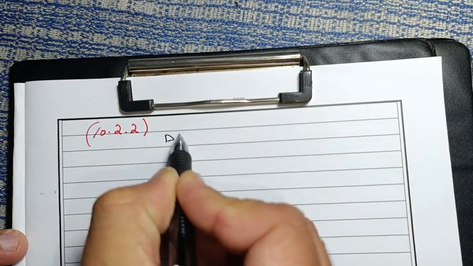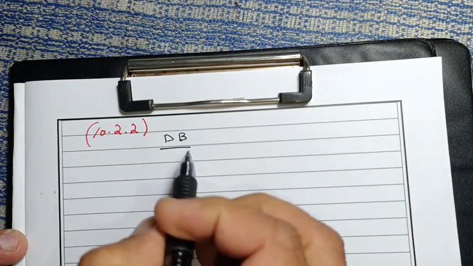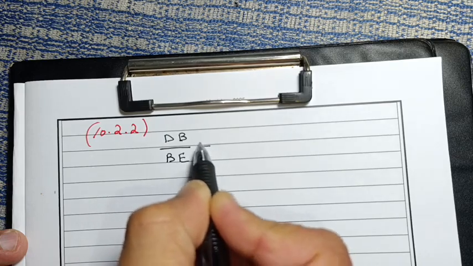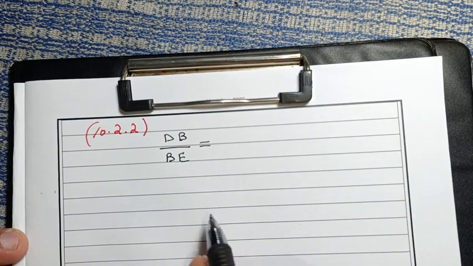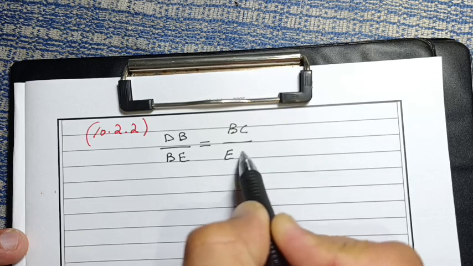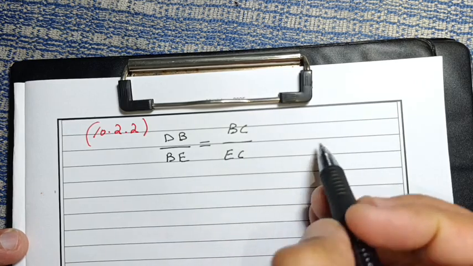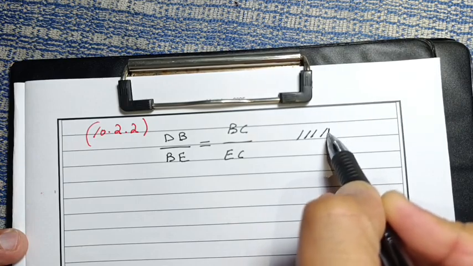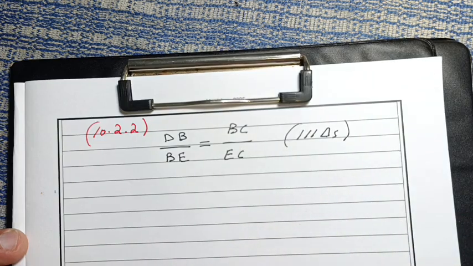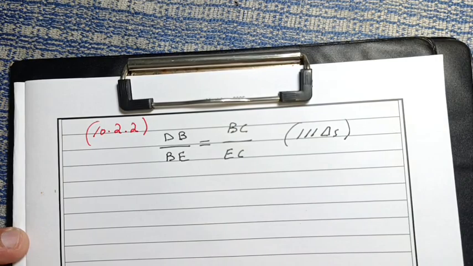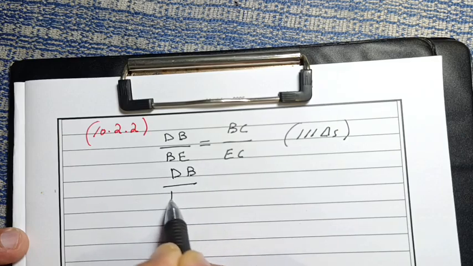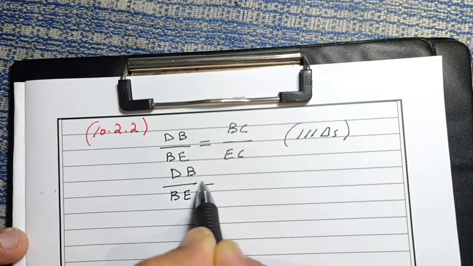So DB over BE is going to be equal to BC over EC. Why? Because similar triangles. You have to give the reason. DB we don't know, and BE we also don't know, but we do know BC.